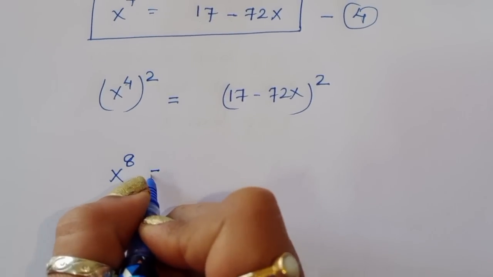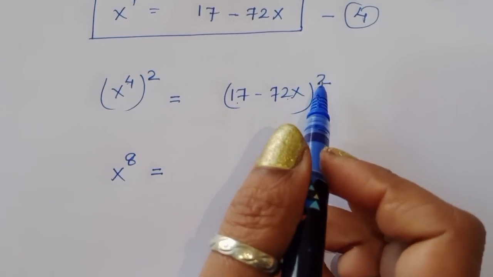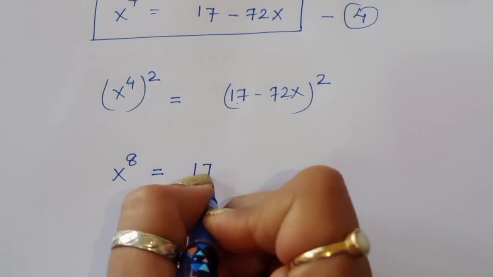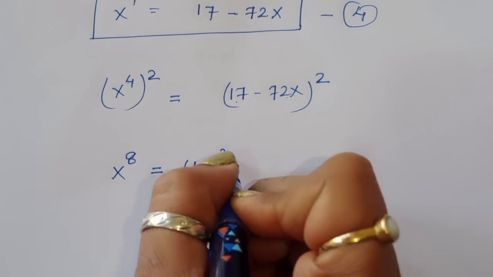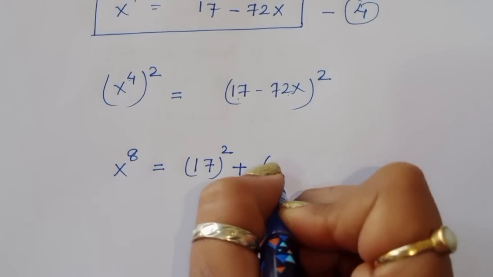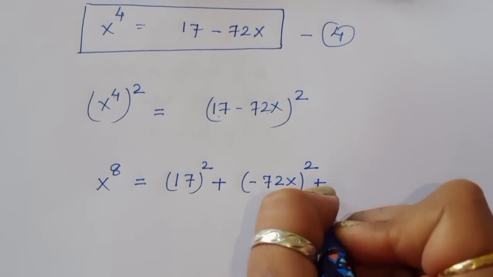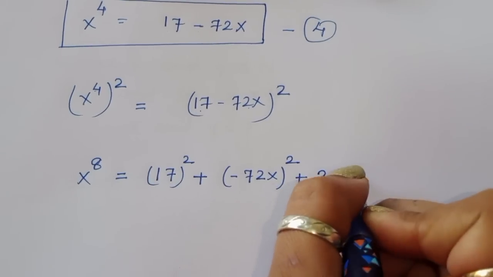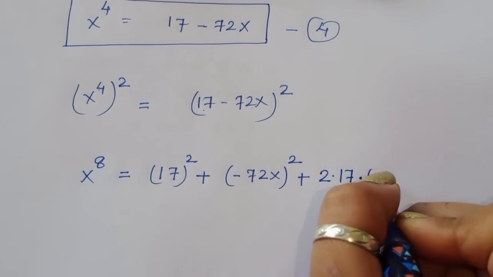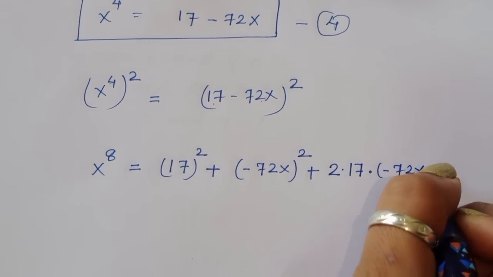x power 8 is equal to, now using the (a minus b) whole square formula: a square, that is 17 square, plus minus 72x whole square, plus 2ab, that is 2 times 17 times minus 72x.